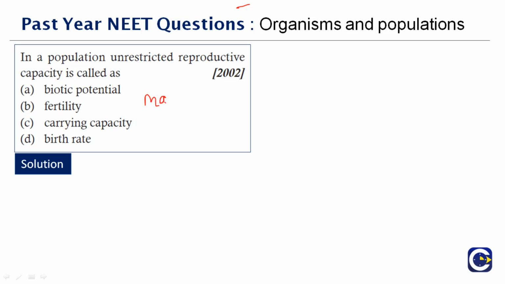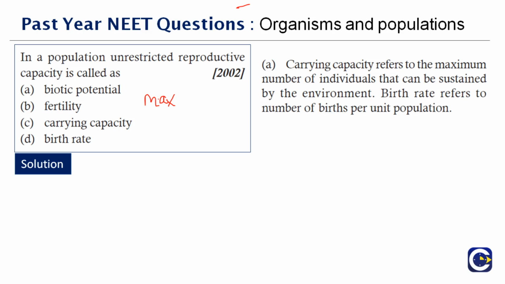So what does it lead to? Maximum growth of the population. Biotic potential is the highest possible vital index of a species. Therefore, whenever the species has its highest birth rate, the lowest is the mortality rate. So which one is the unrestricted reproductive capacity? It is called as biotic potential. Carrying capacity refers to the maximum number of individuals that can be sustained by the environment.